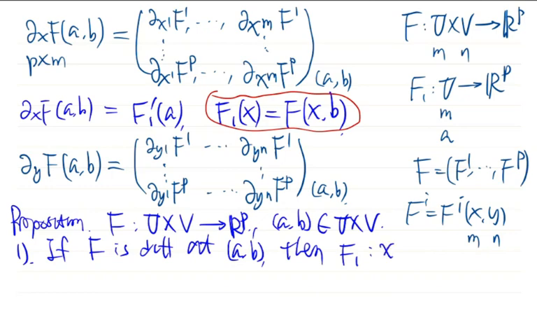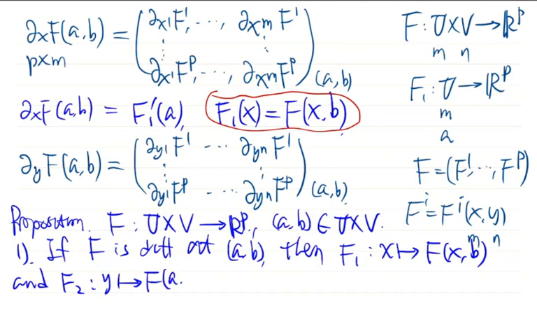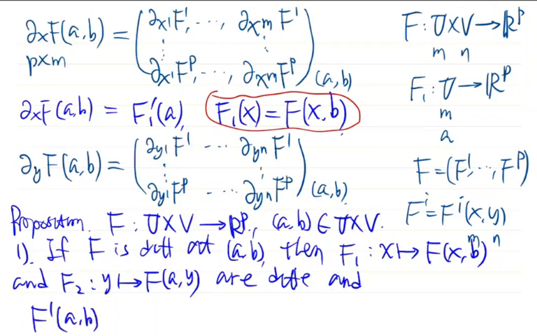F1 is the map x to F(x, b), and F2 is the map y to F(a, y). These two maps are differentiable, and the derivative is given by the derivative of capital F at the point (a, b).